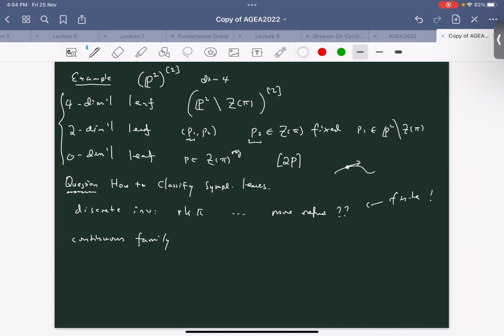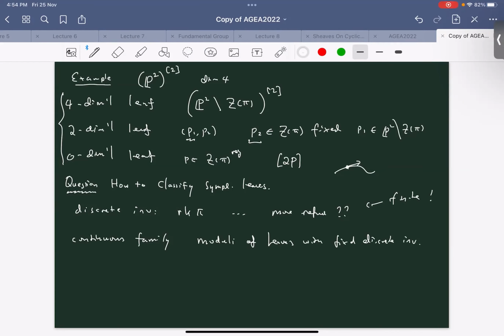Given a discrete invariant, we can then talk about a continuous family, i.e., the moduli space of leaves with fixed discrete invariant. Okay, so this is the type of philosophy in algebraic geometry. I will try to at least give some example where this will work out.